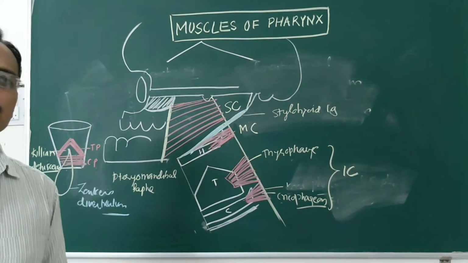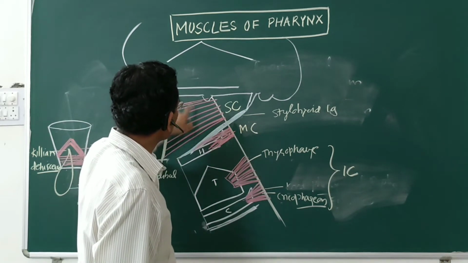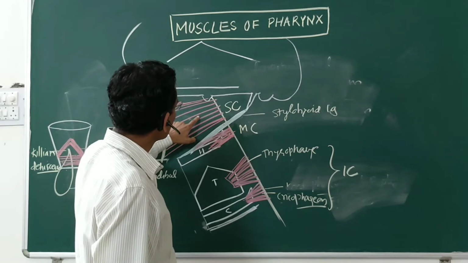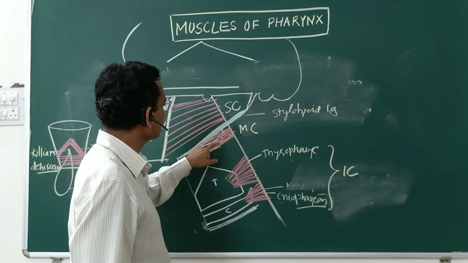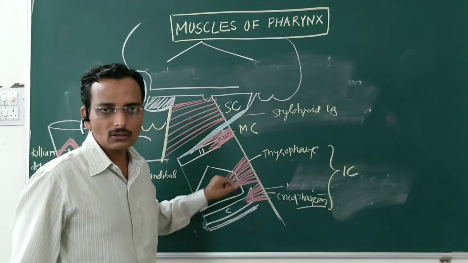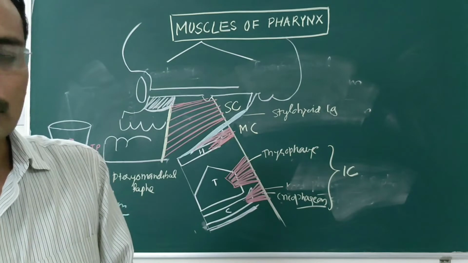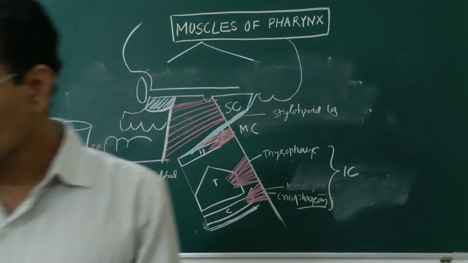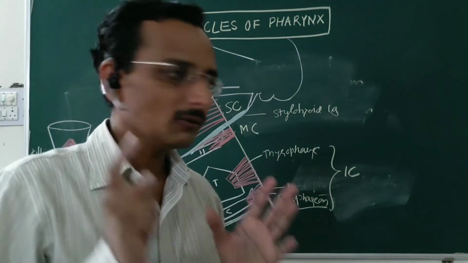One more important feature of these muscles is the potential gaps between them: the gap between the base of the skull and the superior constrictor, between the superior and middle constrictor, and between the middle and inferior constrictor. Some structures pass through these gaps. Let's see which structures pass through the gaps in the pharyngeal wall.